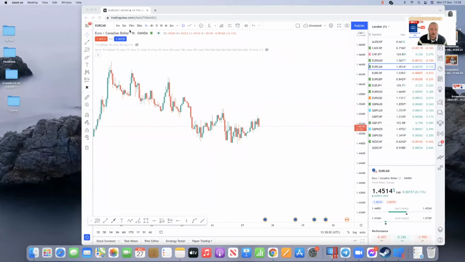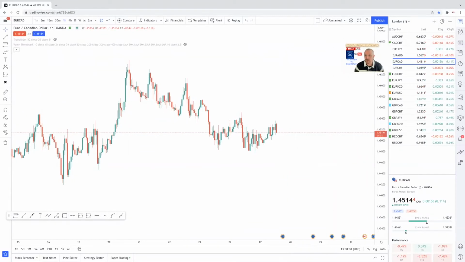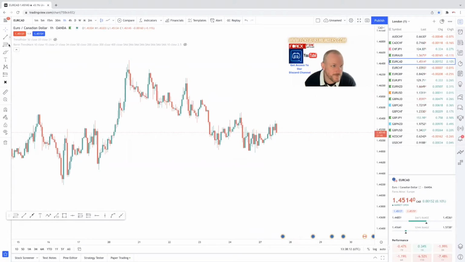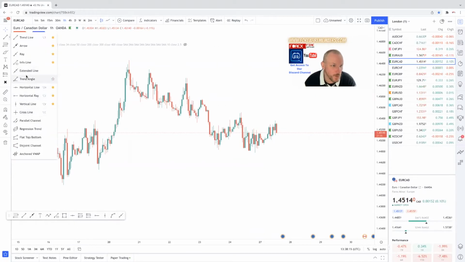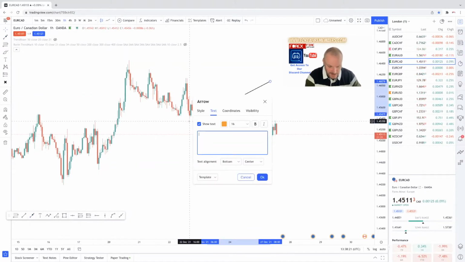Let's make that a little bigger. So what we're doing, as we get the wand in, I'm going to try and make this as easy to follow as possible.